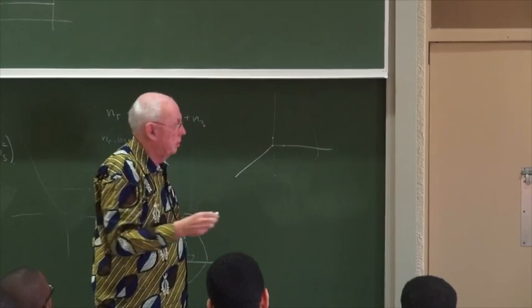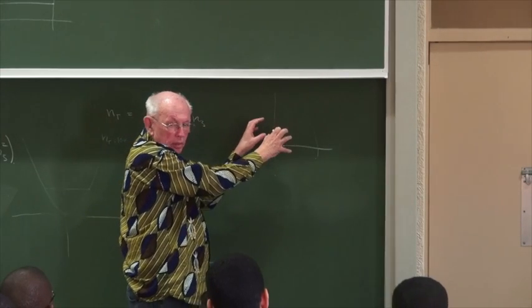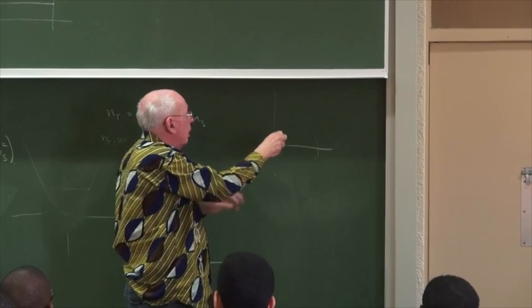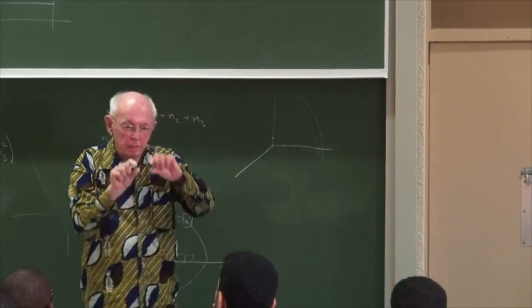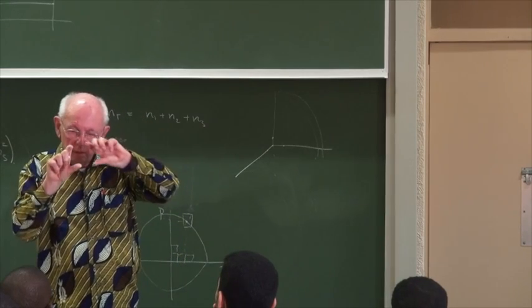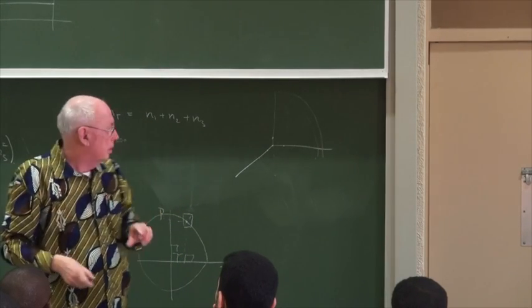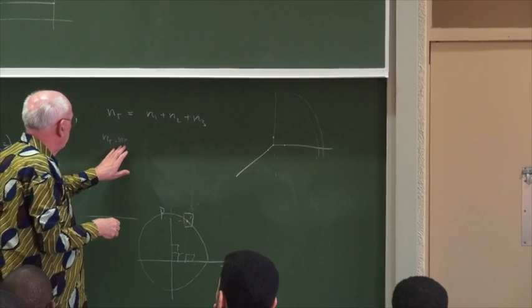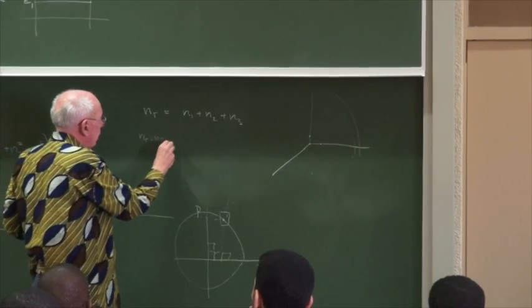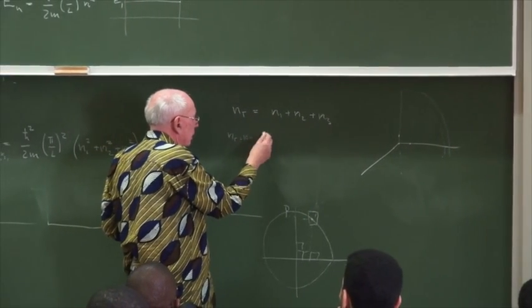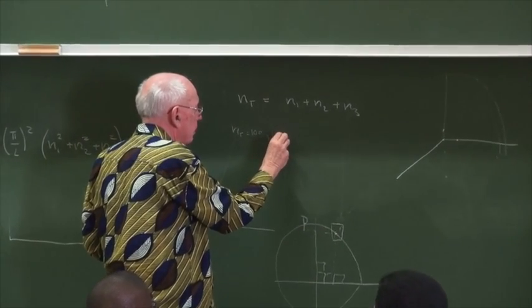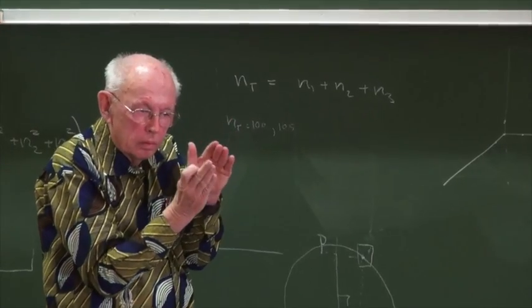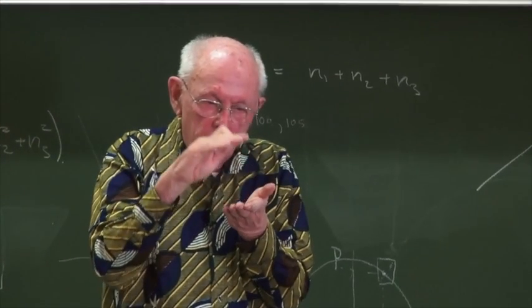There are 2 things we want to know. How many are there in this total volume? And how many are there in this space around in a rim? Say I want to look between 100 and 105 or 110 or something. I want to count the number of states which lie in a certain value.